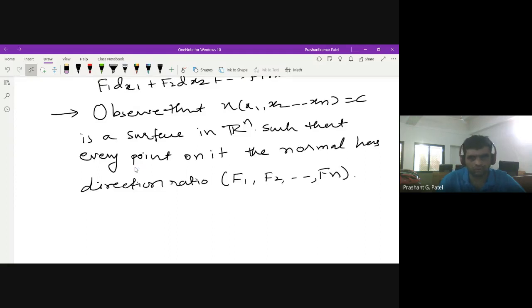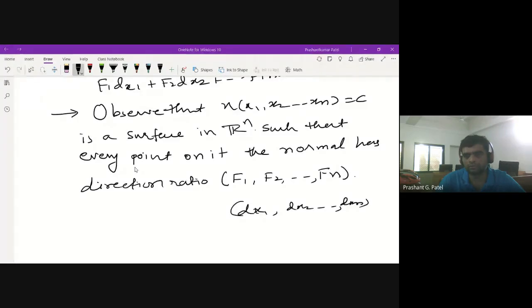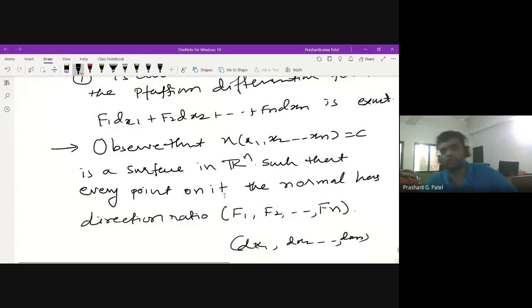Because dx1, dx2, up to dxn is in the direction of a tangent, the dot product of these two is 0.